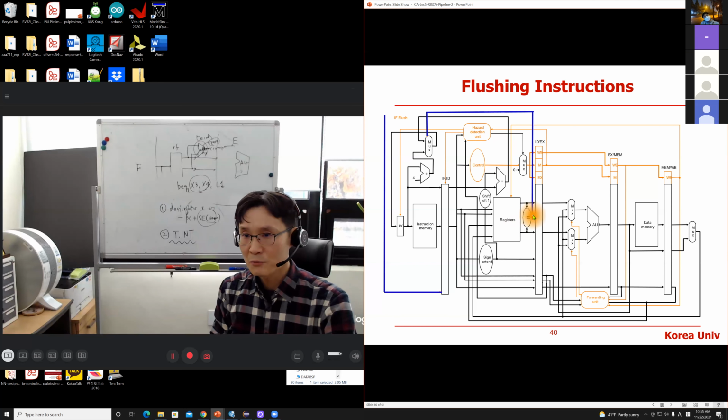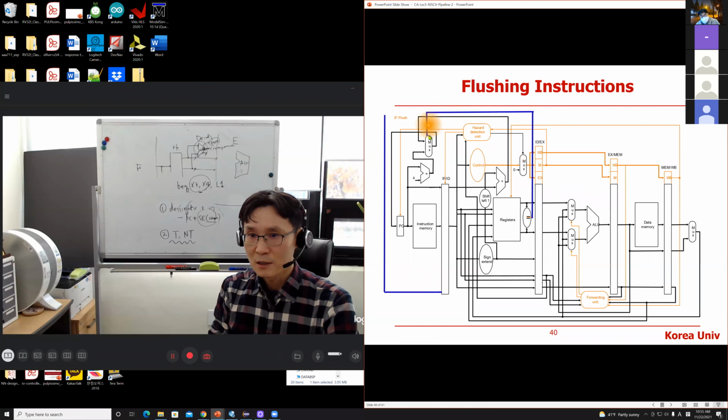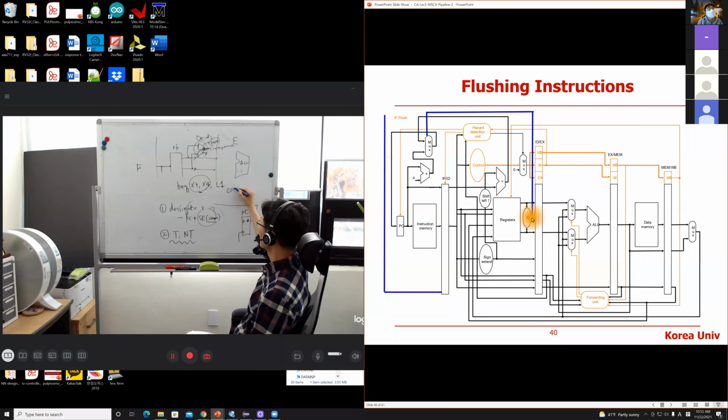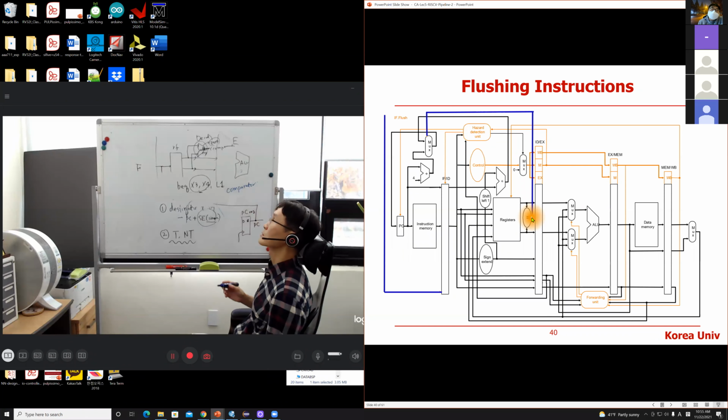Then check out this output. That is controlling if that output is 1, meaning these two are equal. Comparator is comparator, right?